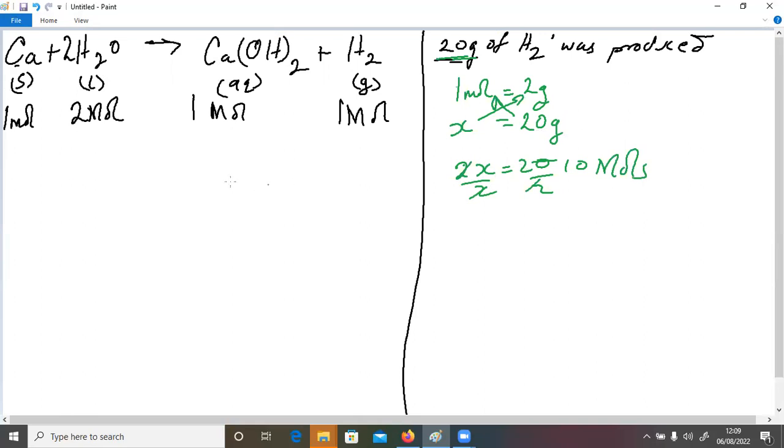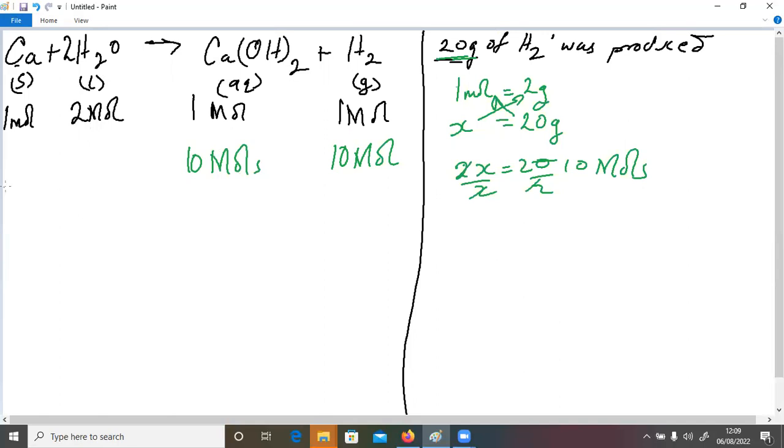So I'm saying here that in my chemical equation, 20 grams of hydrogen is equivalent to 20 moles of hydrogen being produced. If 20 moles of hydrogen was produced, it implies that also 10 moles of calcium hydroxide was produced.